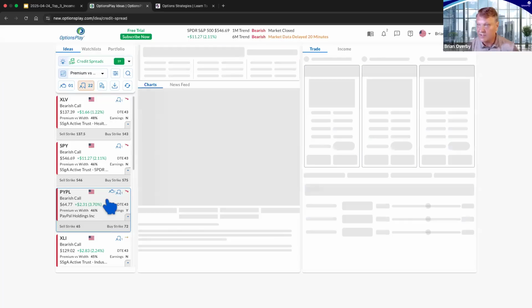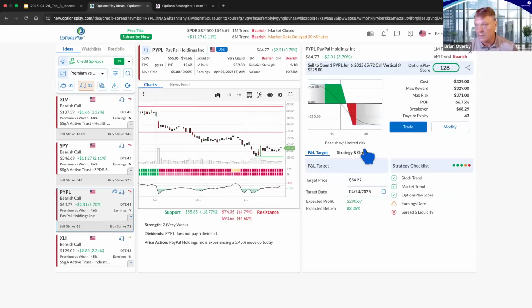Here's our PayPal trade that we initially looked at. Okay, so POP means probability of profit. If I look at this, it's saying that I have a 66.75% chance that the underlying stock at expiration will finish below the 65 level.